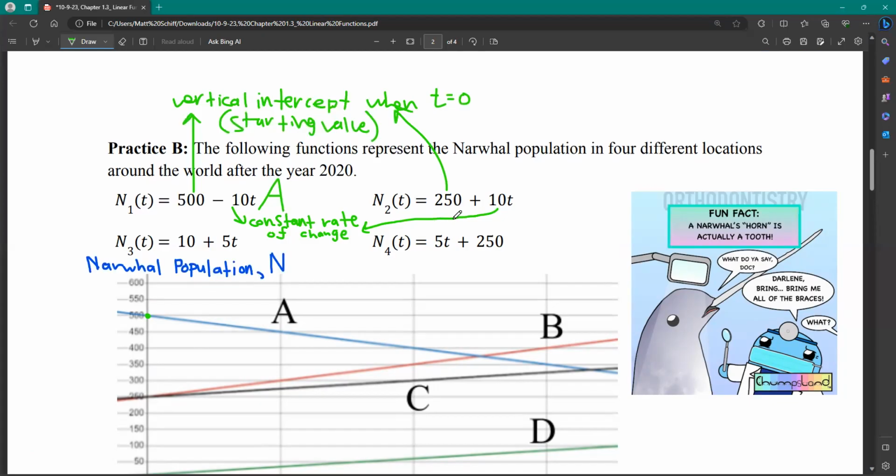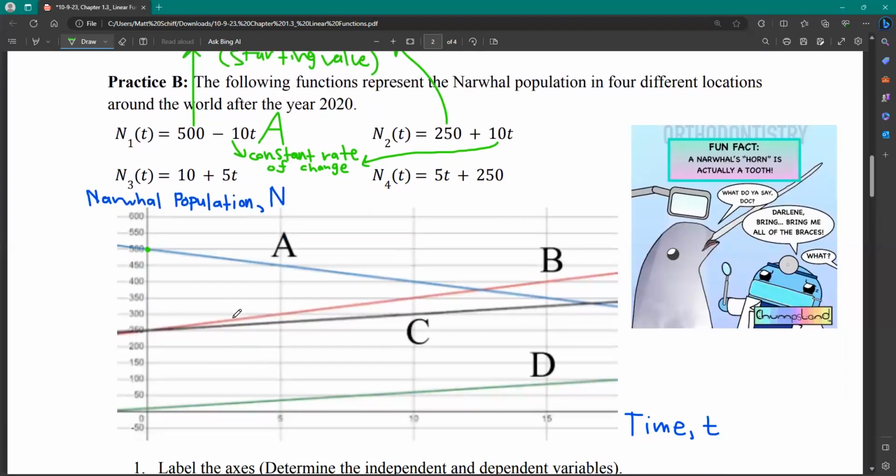So now the graph will increase instead of decrease. We'll gain an additional 10 narwhals every year. So n2 of t has a vertical intercept of 250. So on the vertical axis, notice that it's crossing at 250. However, graph C, this blue graph, is doing the same thing.